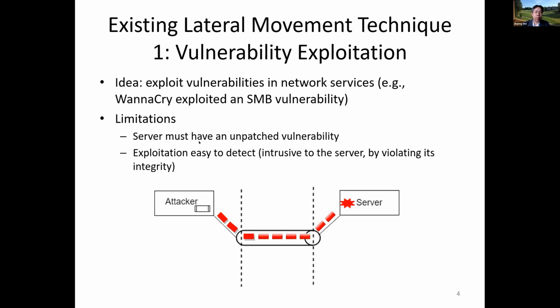There are some limitations for this idea. First, the server must have some vulnerability, and it must not be patched yet. Not every server suffers from a vulnerability. Second, the exploitation is also easy to detect because it violates the integrity of the server, and there are techniques that can detect that.